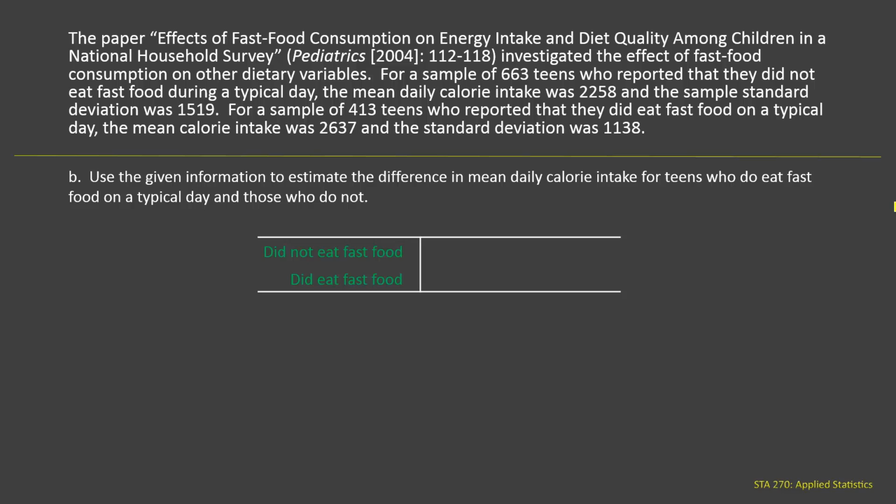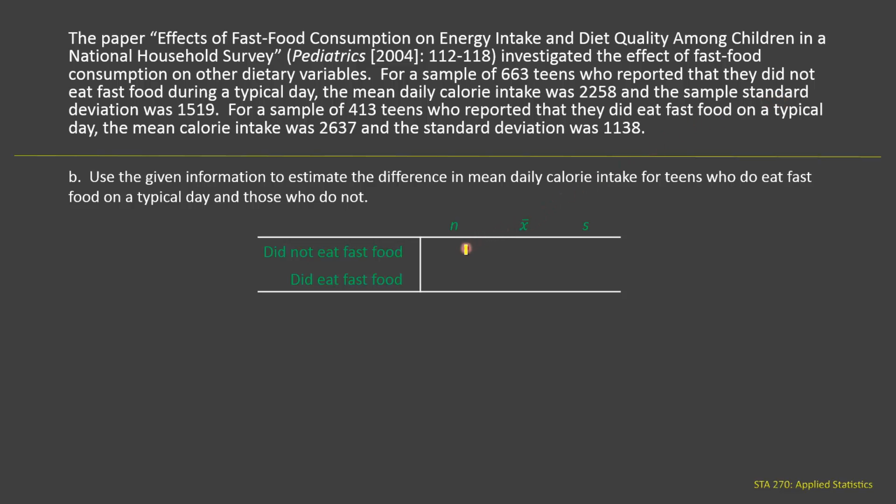Then for each group we have three bits of information. We have n, the sample size. We have x bar, the sample mean, and s, the sample standard deviation. So let's go ahead and fill in this information. For the group that did not eat fast food on a typical day, it says we sampled 663 teens who reported that they did not eat fast food during a typical day.